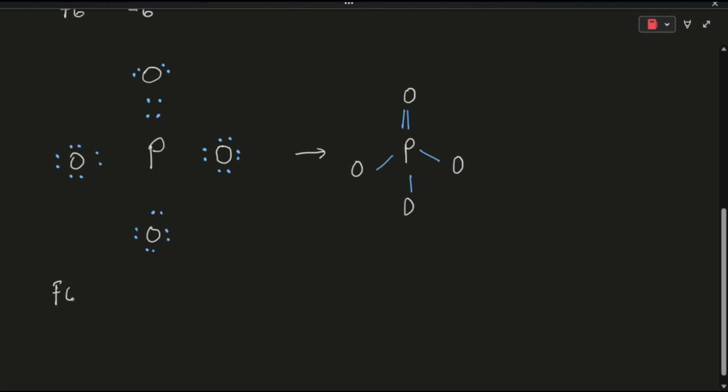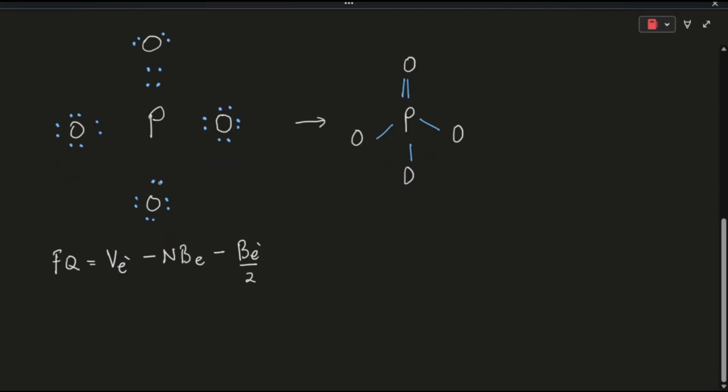So the formal charge on each of the atoms equals the valence shell electrons of each of the atoms minus the non-bonding electrons on the atom minus the bonding electrons of the atom over 2. So if we take this atom, for example, the valence shell electrons of oxygen is 6.